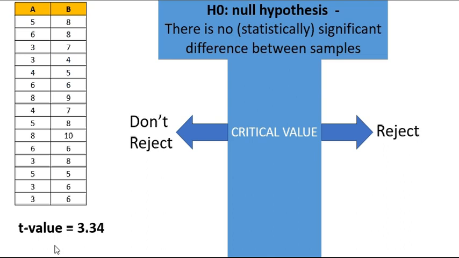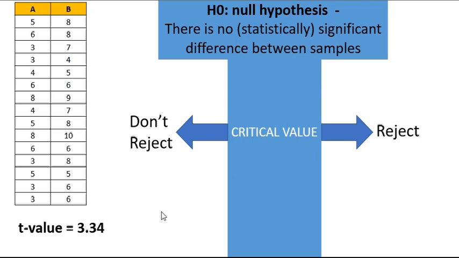If the t value is greater than the critical value, we will reject the null hypothesis. There is an alternative hypothesis, meaning there is a significant difference between samples. So that is the testing of the null hypothesis once we have the t value, by rejecting or not rejecting.